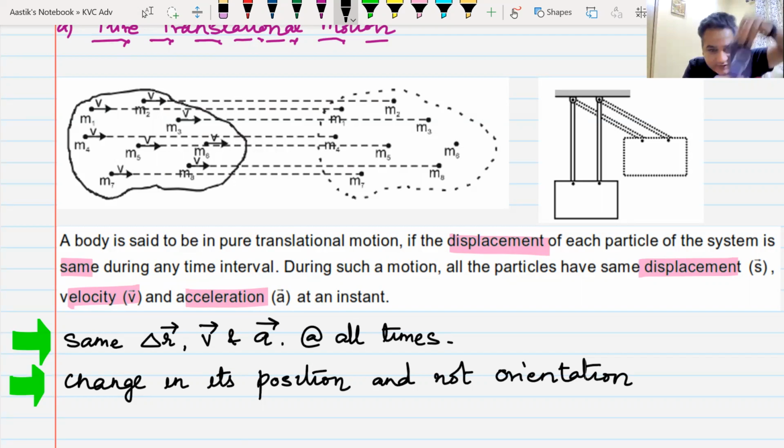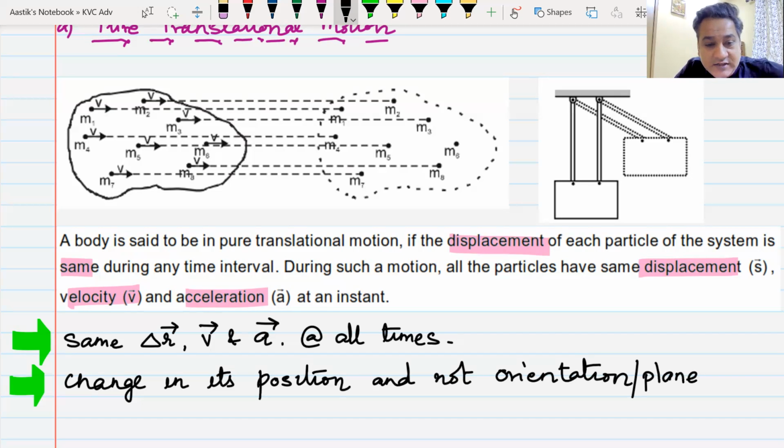But if the orientation of the body is changing, or the plane of the body is changing, from this plane it comes to this plane, that is not translation. Orientation or the plane of the body should not change. Only its position should change.